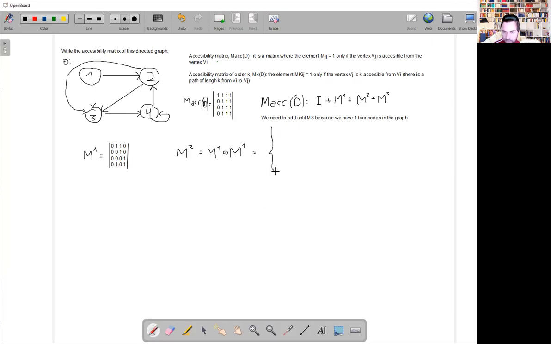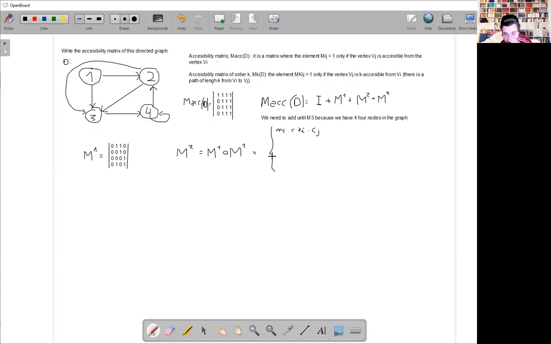Okay, and how do we calculate this multiplication, right? So this multiplication, the element mij of one matrix is equal to the row I from the first matrix multiplied by the column J from the second matrix.